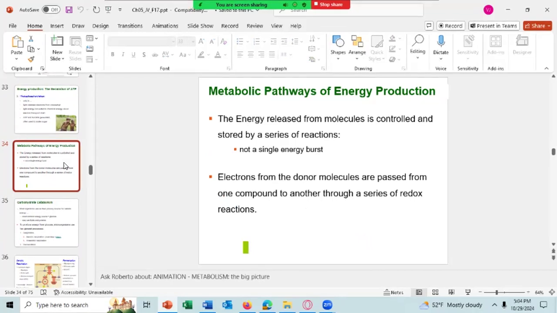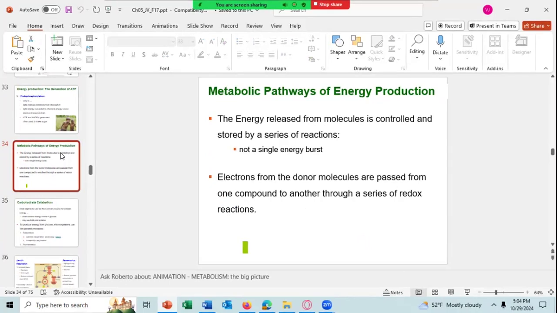In metabolic pathways for energy production, you can generate energy from the energy in molecules like food, and it's not released in a single burst. It's released in a series of reactions, and I kind of showed you that already.